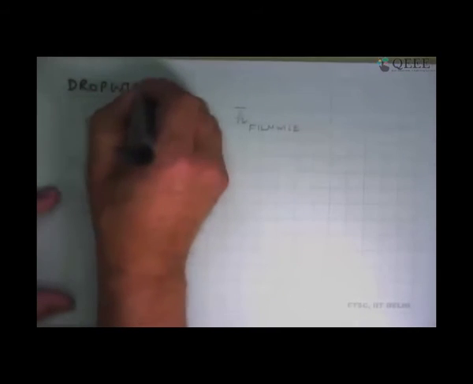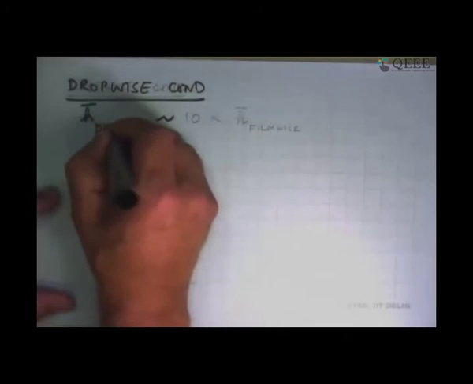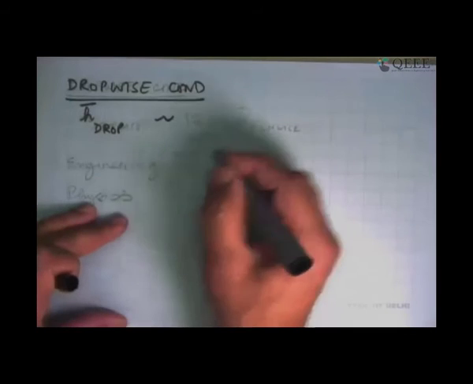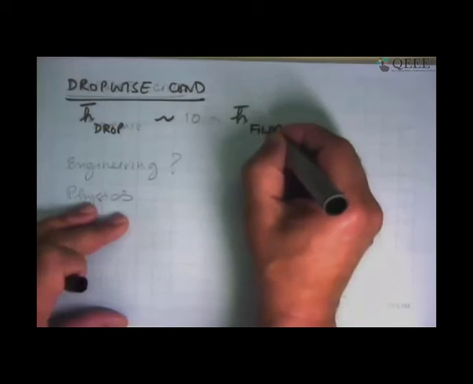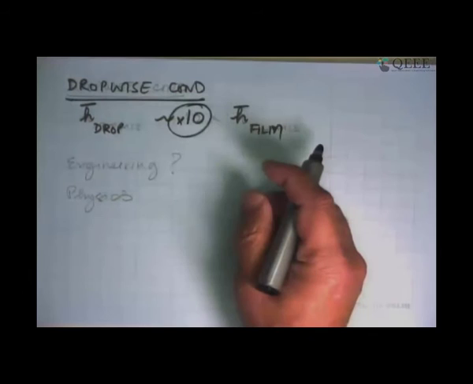We see that all of this theory was fine. Film-wise condensation gave us some idea. Now let's complete the picture and say, well, what happens in drop-wise condensation? And the fact was, as I mentioned, that h bar, when you have drop-wise condensation, because more of the surface is exposed to the vapor compared to film-wise condensation, we could see up to a 10 times increase in heat transfer rates.